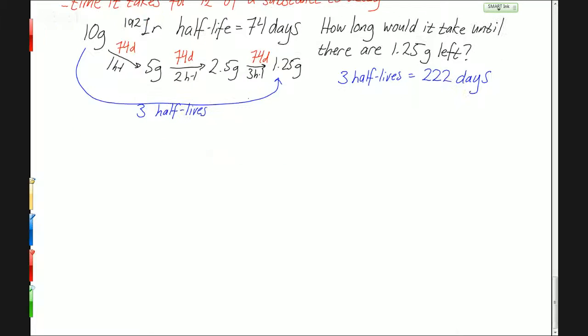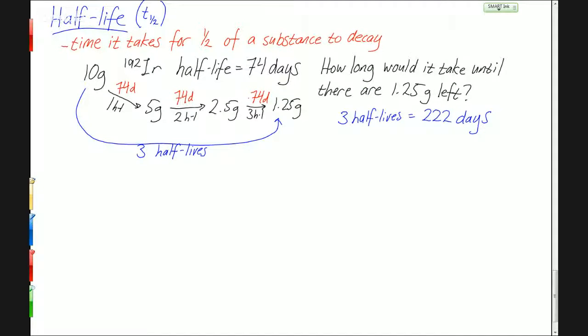You can also think about half-life in terms of radioactivity, the amount of radioactivity, because as the sample decays, the radioactivity will be cut in half also, just like the amount.